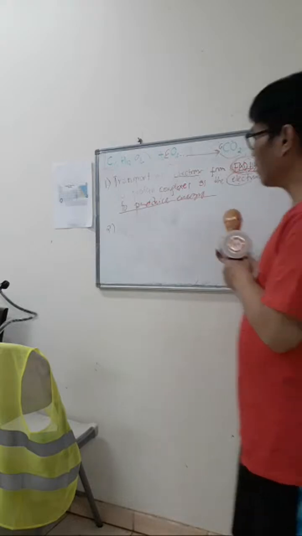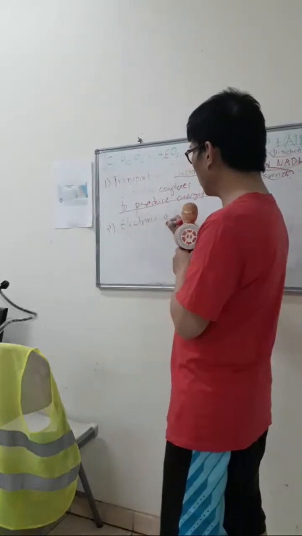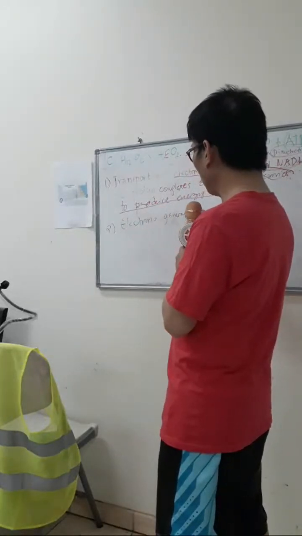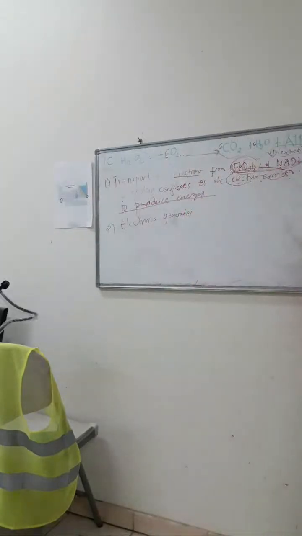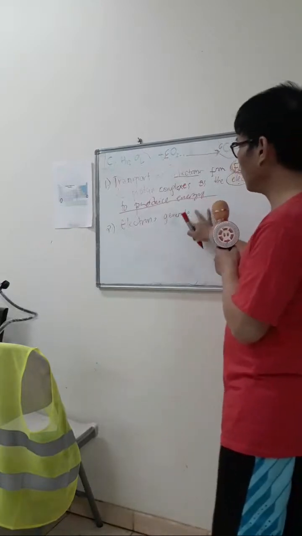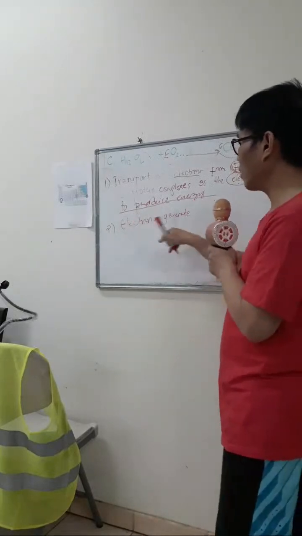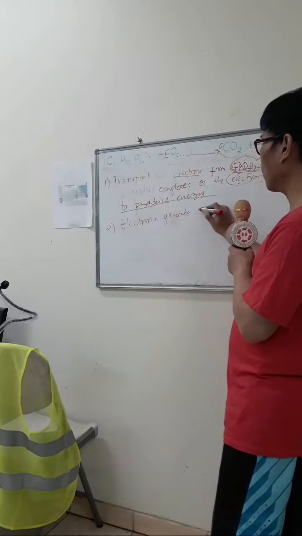First statement: electrons generate, meaning produce, right? Electrons produce, or let's say yield. Electrons generate, because our electrons are plural, protons.